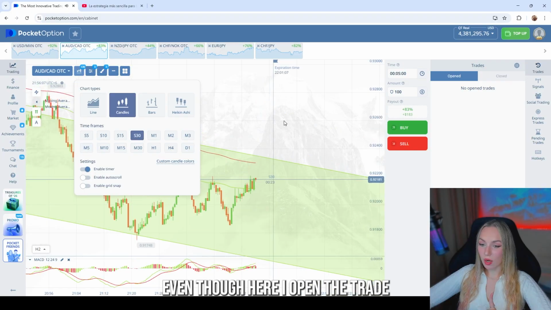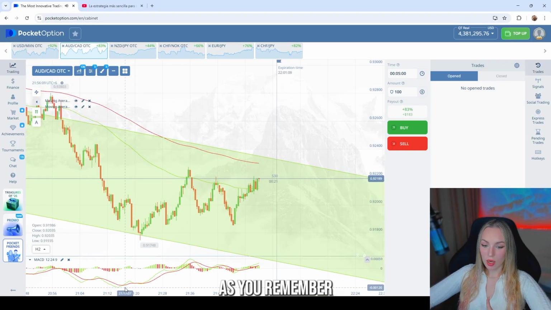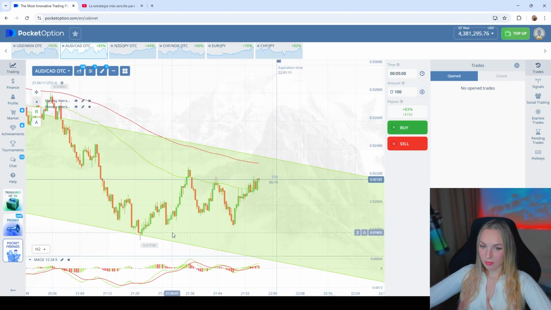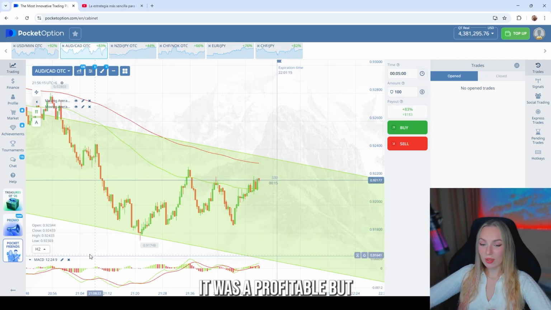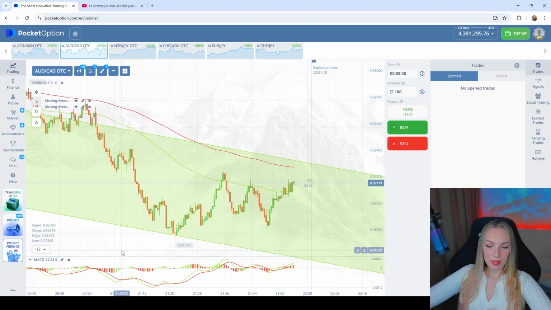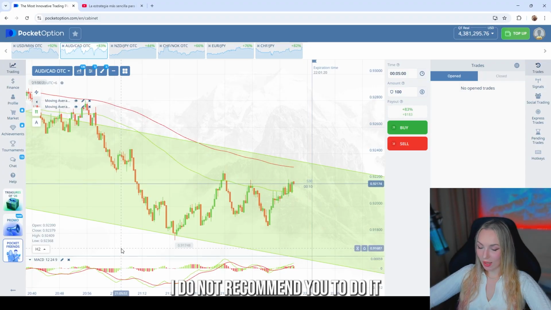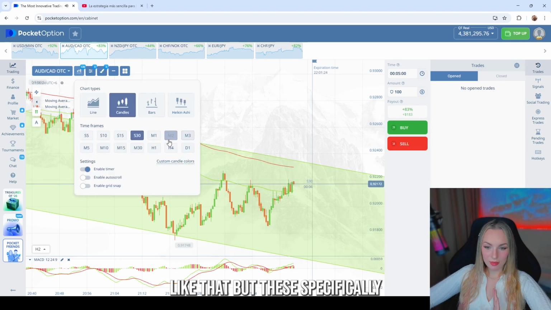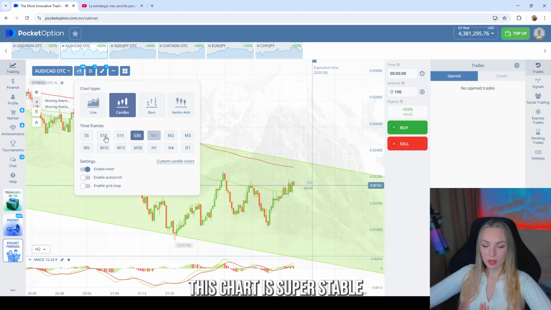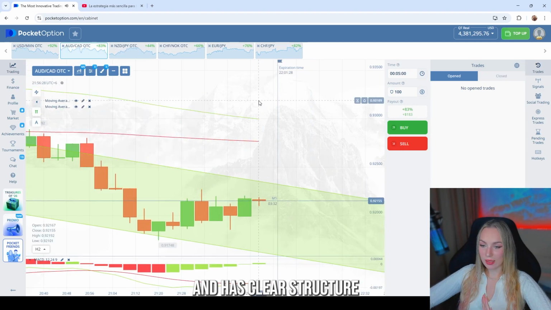Even though here I opened the trade, as you remember, up and it worked, it was profitable, but it was kind of risky. I do not recommend you to do it like that, but specifically this chart is super stable and has clear structure.